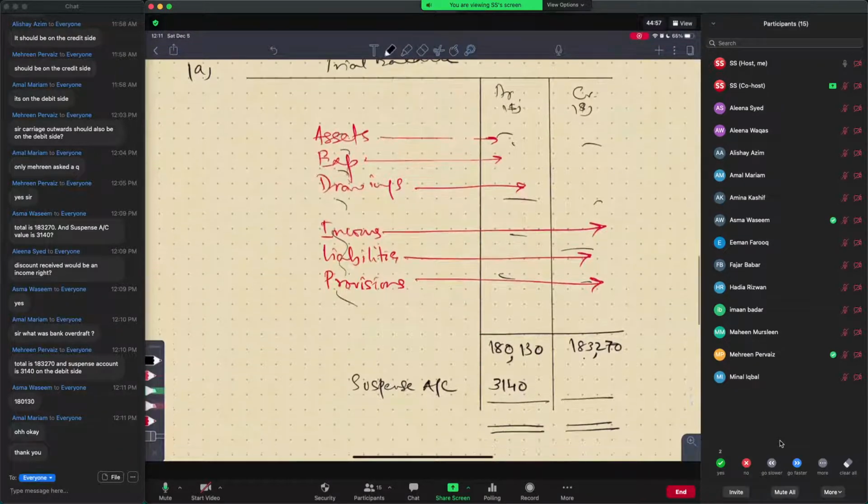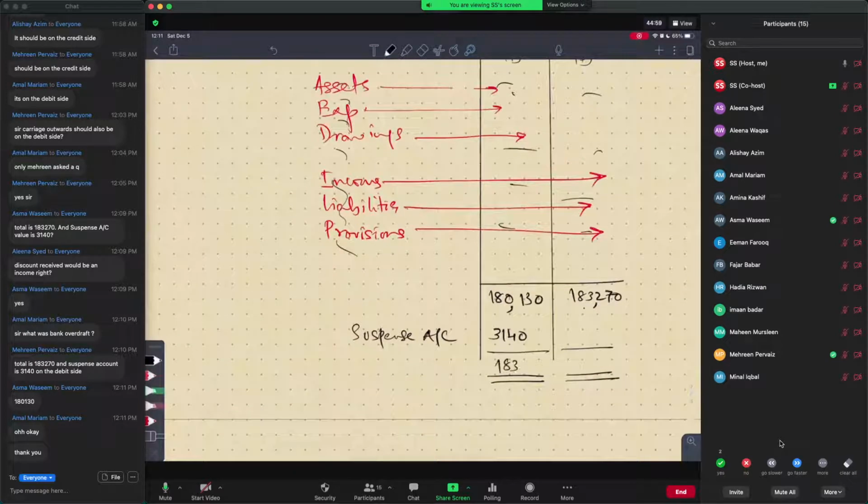Okay, so we now have the trial balance balancing at 183,270. This is a formal way of showing the suspense account balance. Basically, again, you're not trying to hide anything here, right? You first show that your trial balance did not balance. The credit side was coming to a total of 183,270.